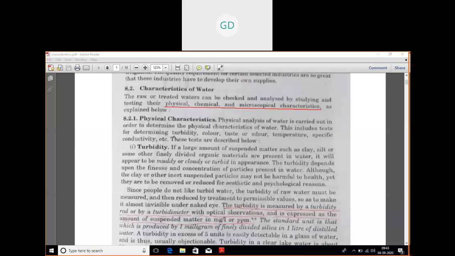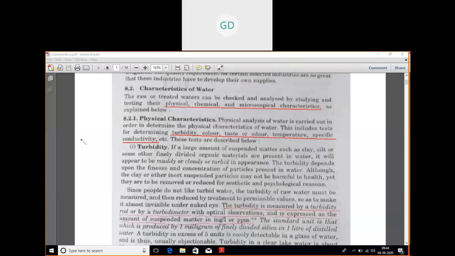Under it, you can write down these characteristics: turbidity, color, taste or odor, temperature, and specific conductivity. Physical characteristics include turbidity, color, taste, odor, temperature, and specific conductivity.